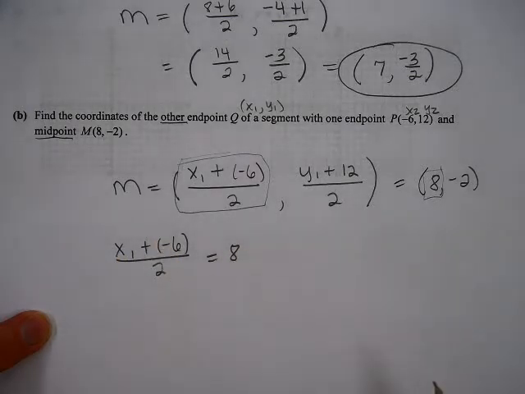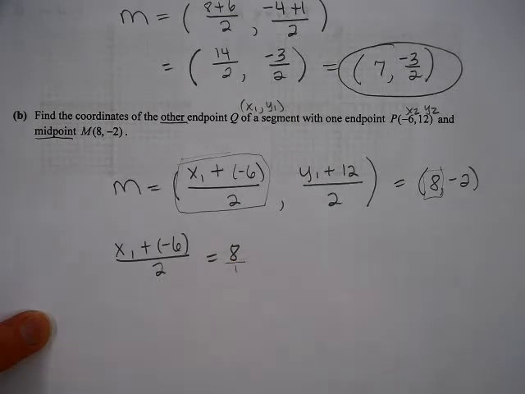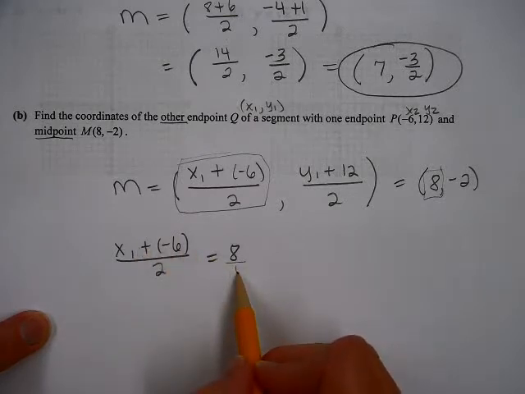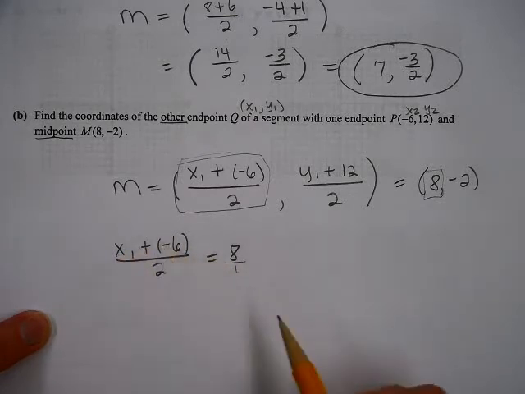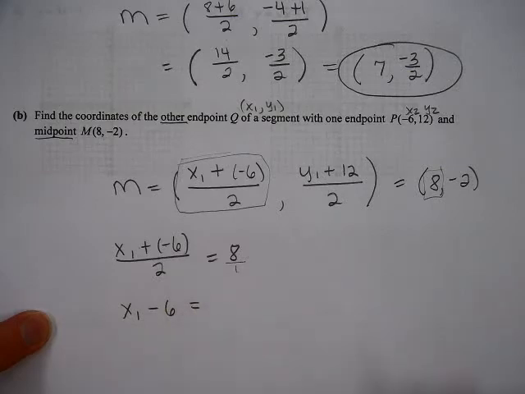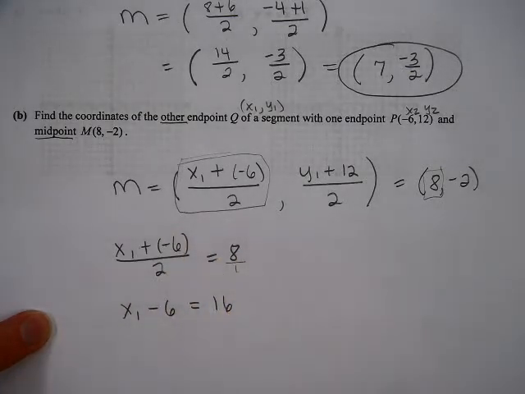Well, we can just cross multiply here to get rid of the fraction. If you wanted to, you could put that over 1. So now you see x1 plus negative 6 times 1 is just x1 plus negative 6. I'm going to change that to be x1 minus 6. Same thing, just looks a little neater. 2 times 8 is 16.